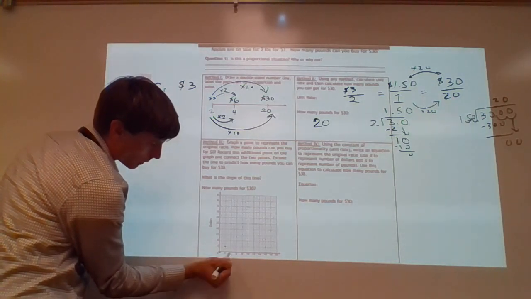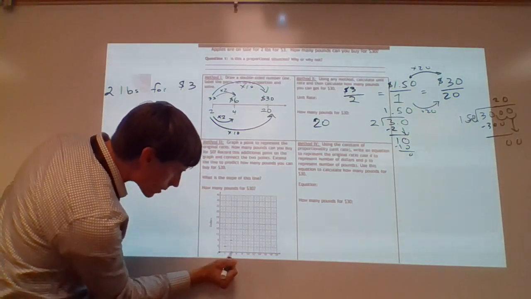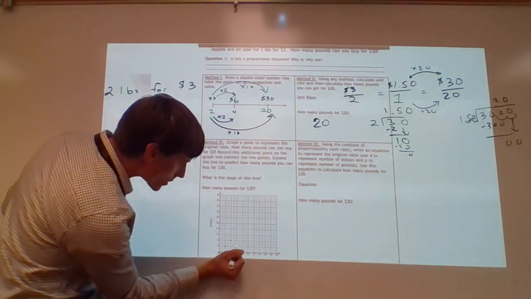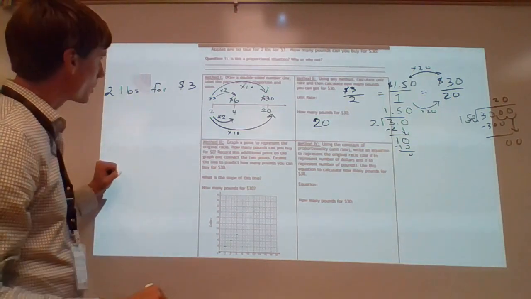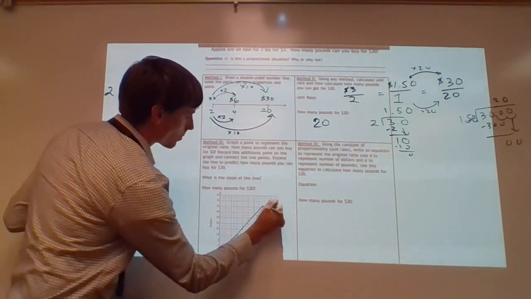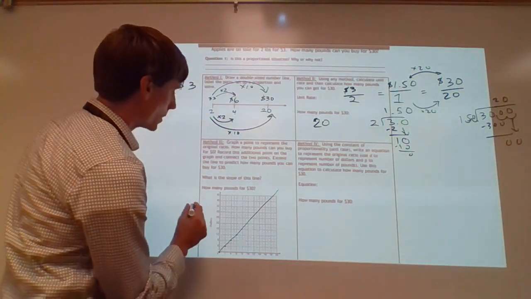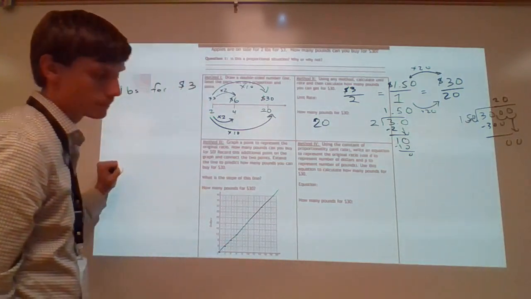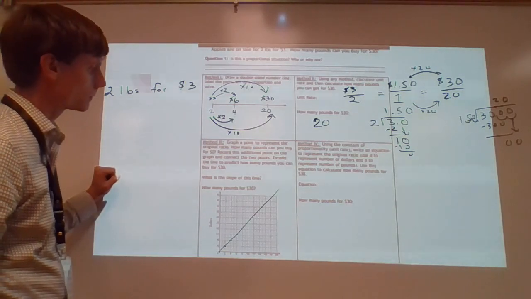So let's say that's right there. We know 4 pounds will be $6, then 6 pounds, $9. We get the idea of this, and we can keep graphing this, knowing this constant of proportionality, and we'd eventually get to $30 being 20 pounds. It looks like 30 is right here about, so that should be about 20. I can't see the numbers on there, but hopefully you get the idea.